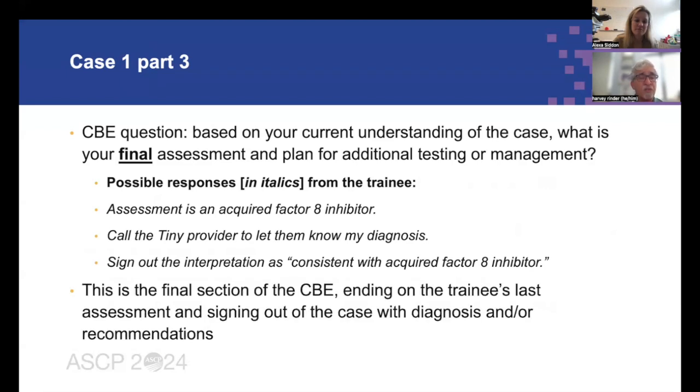This would be the final section of the competency-based evaluation, which ends on their last assessment and they're signing out of the case. But that's not the end of our evaluation here. We're going to grade the CBE and discuss this with the resident to see if there are areas for improvement.